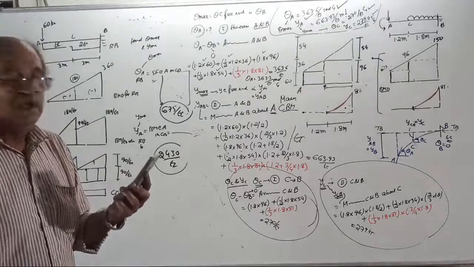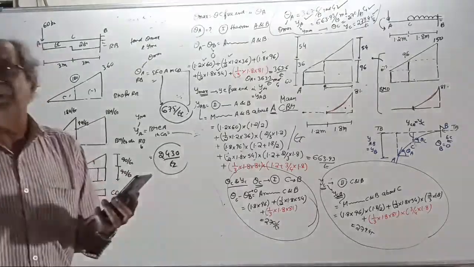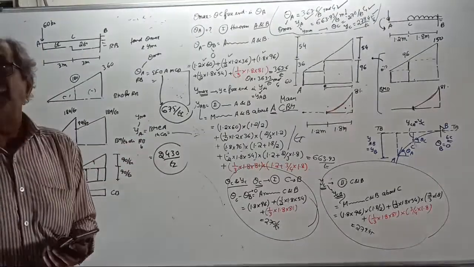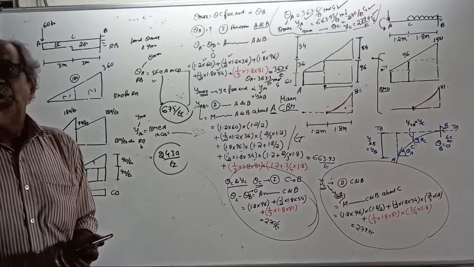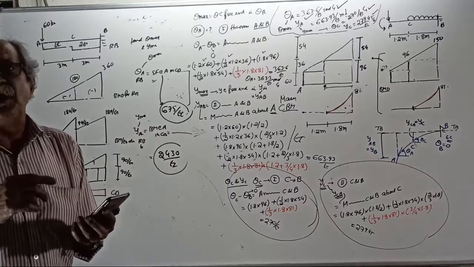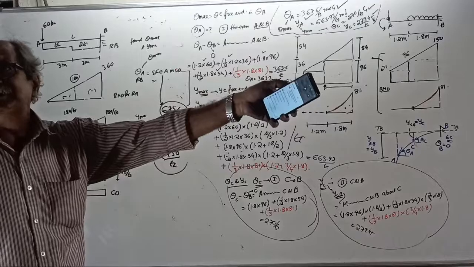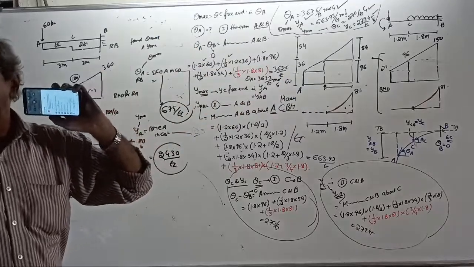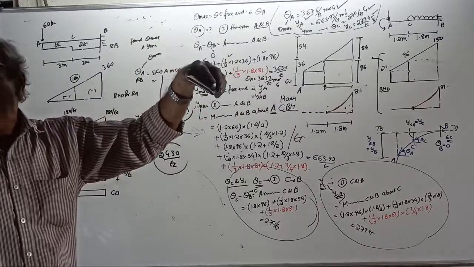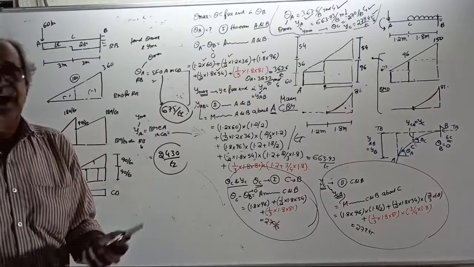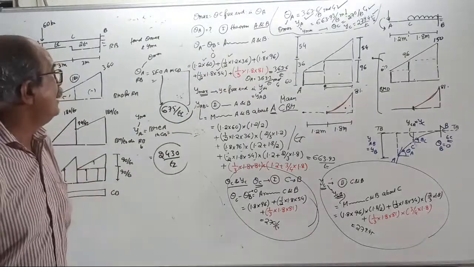Tomorrow I am doing the last class on the conjugate beam method, for overhanging beams. Remember, some extra concept is there. For an overhanging beam, the free end becomes a fixed end, a simple support remains a simple support, and the overhanging support becomes an internal hinge. I will tell those things tomorrow, and tomorrow I will close.